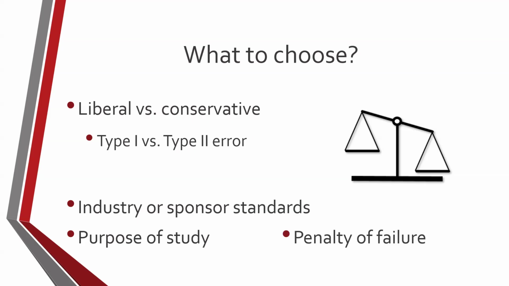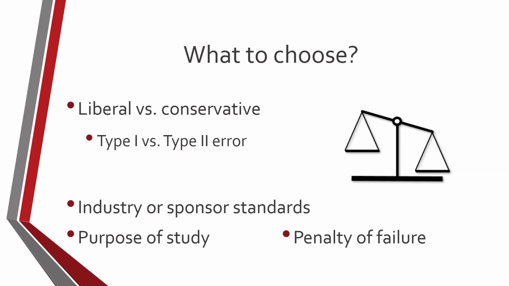And finally, you can consider the penalty of failure of the treatments. So, an example, the failure of a crop protection product will likely have a real big impact on yield. So an alpha level of 5% is common there.